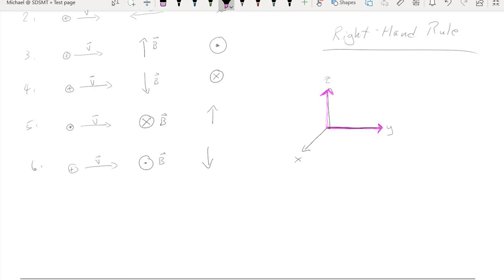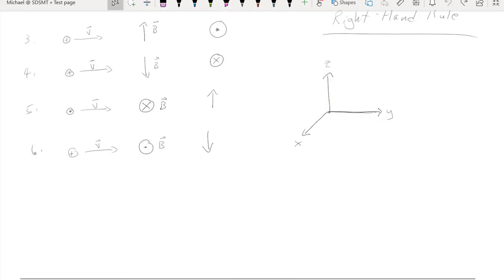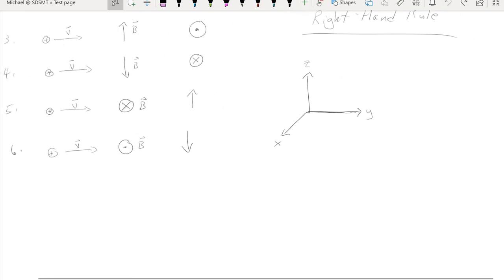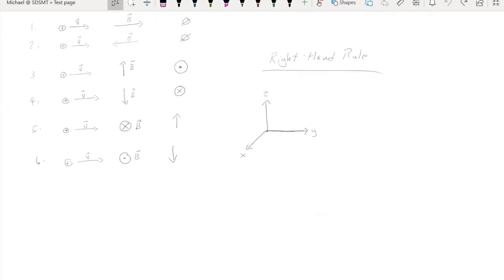So I guess we could draw the x-axis as a circle with a dot in it, but in some cases it's just easier to see the reference frame drawn like this. And so what we're going to do is we're going to take this reference frame and we're going to reproduce it using our right hand. And so I'm going to have to try to draw this.